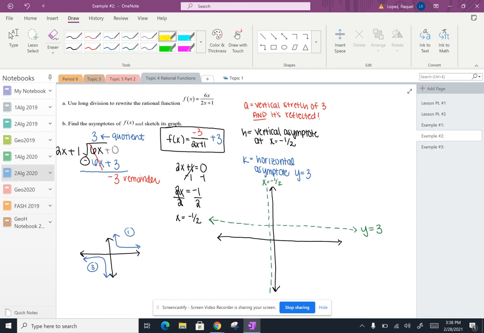But we already know that this a value right here is negative, which means that the graph is going to be reflected. So your branches are actually going to be in the second and in the fourth quadrants, just like we drew right here. And this is a good first draft sketch for our equation.